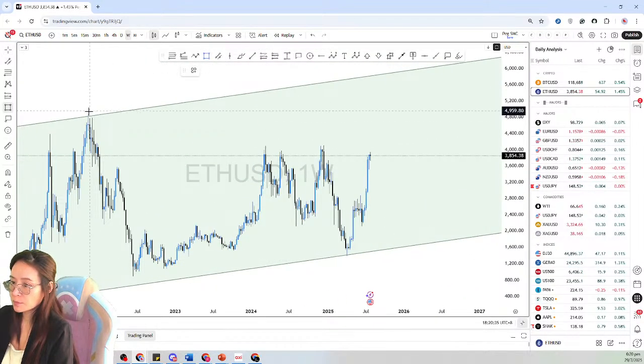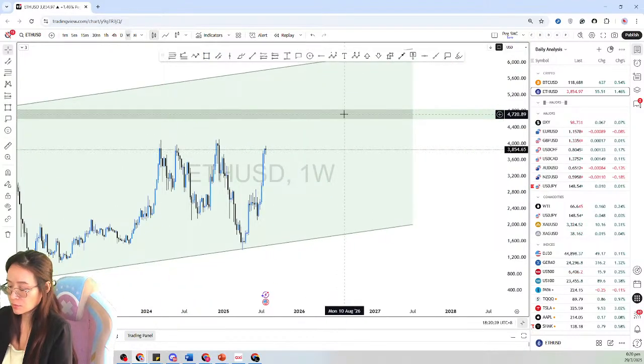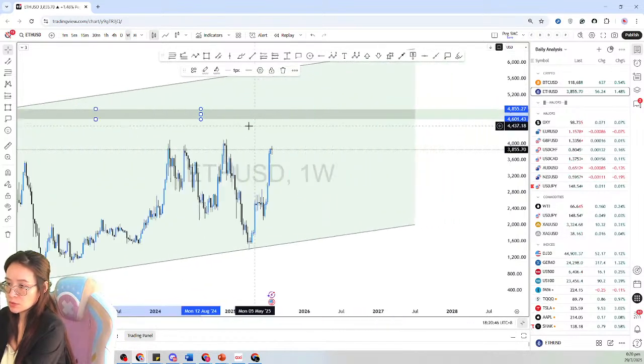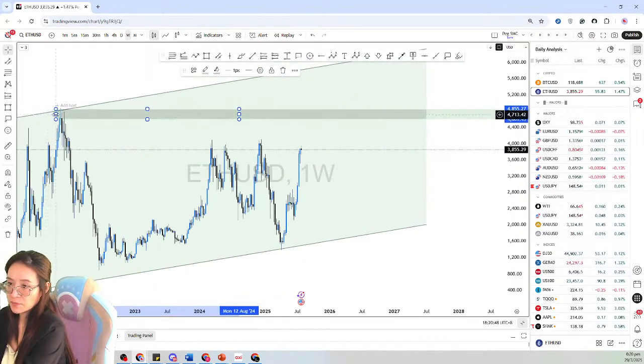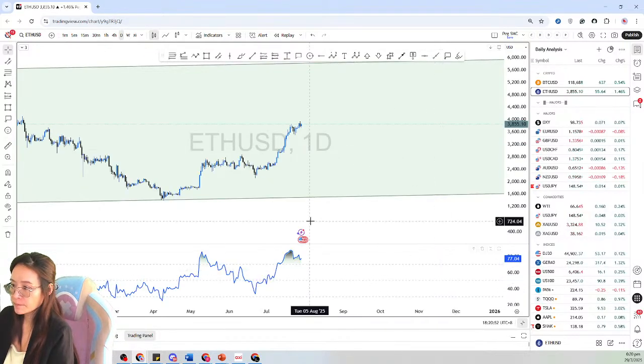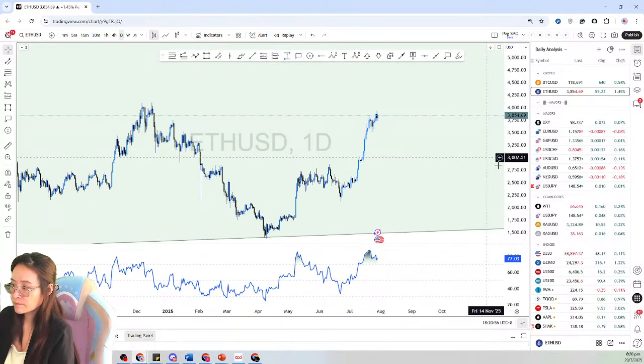If price comes to this level, you may consider to sell. This level is on the weekly time frame. But let me go to the lower time frame to find the entry if I can find one. The D1 time frame should sell, okay guys, for Ethereum.